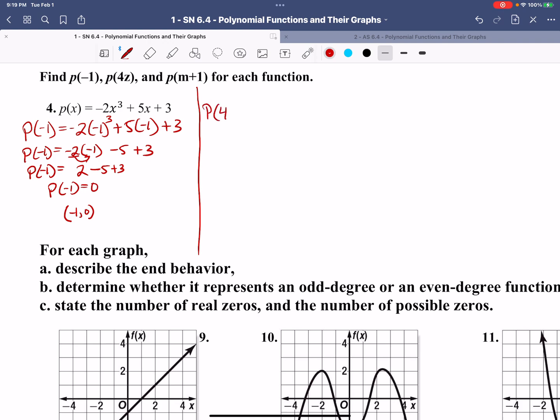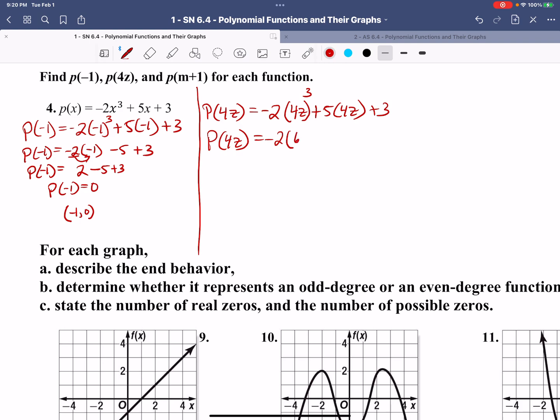So p of 4z is no different than p of negative 1, except we're going to substitute x with 4z. And you'll see later why we want to do this. So nothing big happens here. Okay, well, we got to cube it, sorry. So we've got negative 2 times, now 4z cubed means 4z times 4z times 4z.